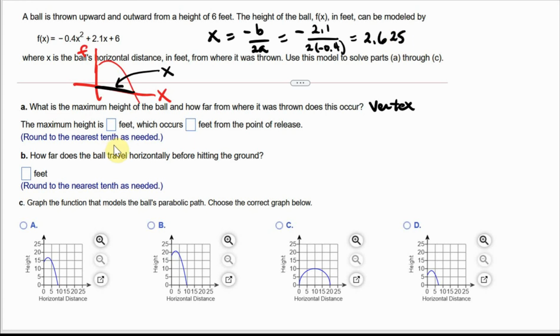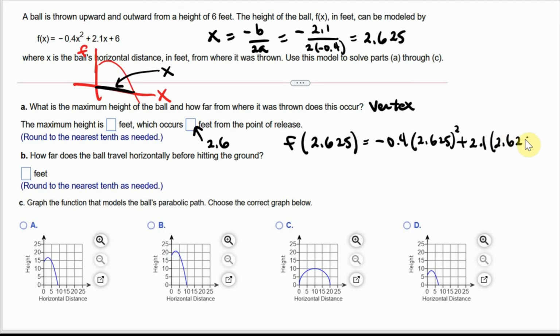And it says to put your answer in the nearest tenth. So now that's the x value. So that guy goes here. That's the 2.6. Then it says find the height. That's just the function evaluated at this point. So negative 0.4 times 2.625, that to be squared, plus 2.1 times 2.625 plus 6.